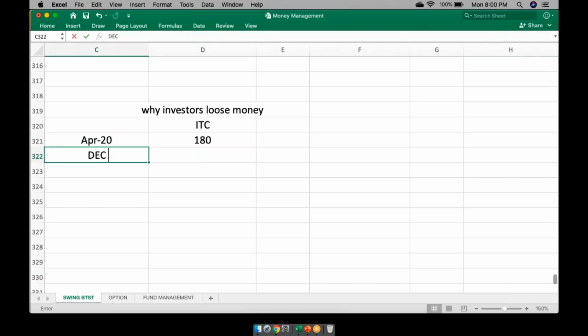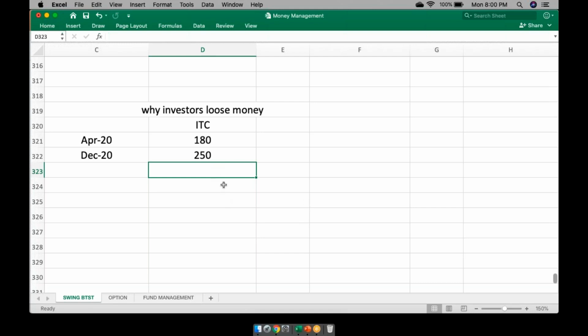By December 2020, ITC is 250 rupees. So now is it in profit or loss? Profit, very simple. How much profit? Is it small profit or big profit? It's in big profit. So you are supposed to book profits, right?